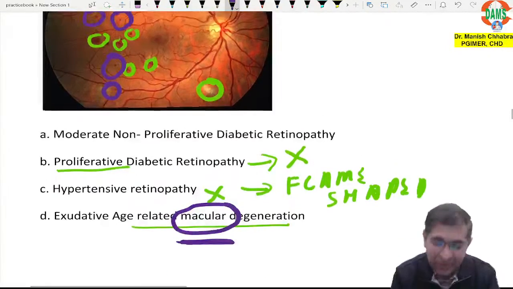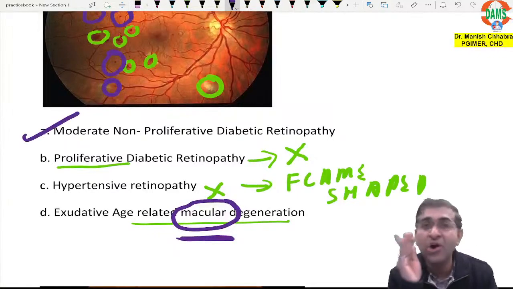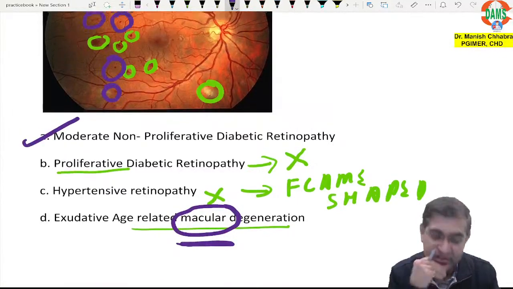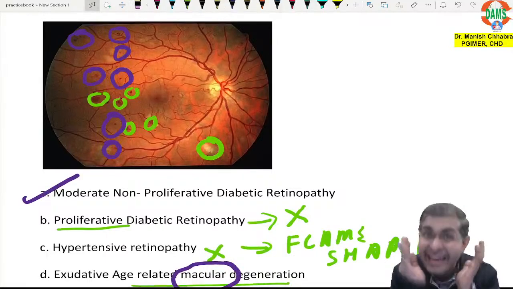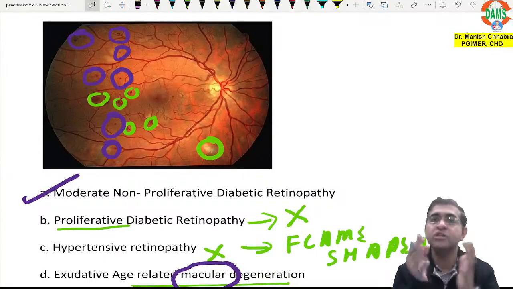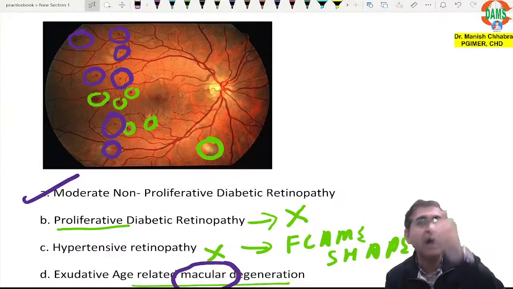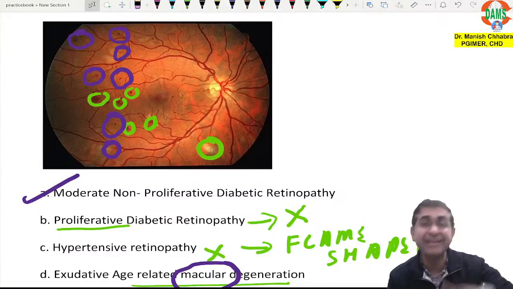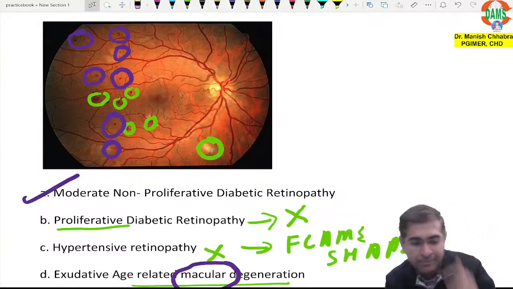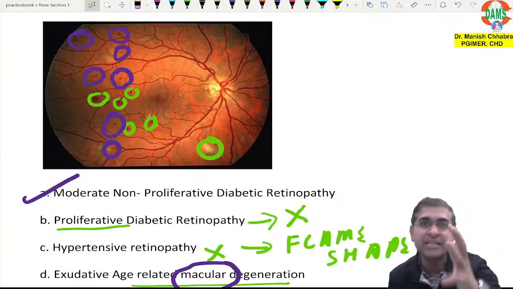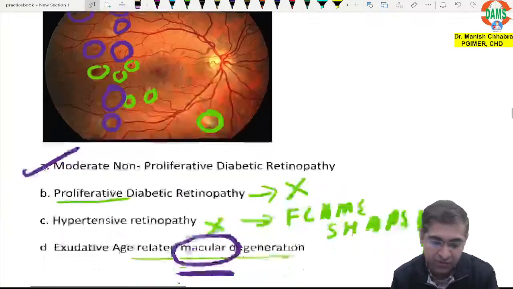Yes, so typically it is your non-proliferative diabetic retinopathy. Yes, so this is how you have reached the final answer by eliminating the options. You will see hard exudates as well, which is not seen here, soft exudates, dot blot hemorrhages. There may be CSME, which is clinically significant macular edema.